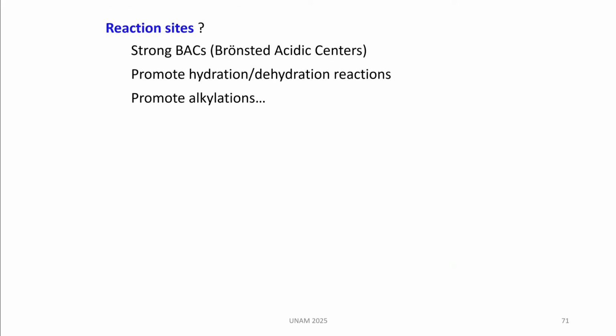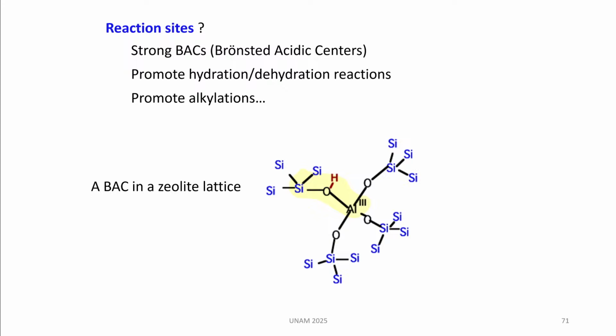What are the reaction sites in this case? So what can you invoke as reaction sites if you want to build skeletons using this chemistry? You need very strong Bronsted acidic centers to promote hydration and dehydration reactions. And in particular, these ones would be very efficient.